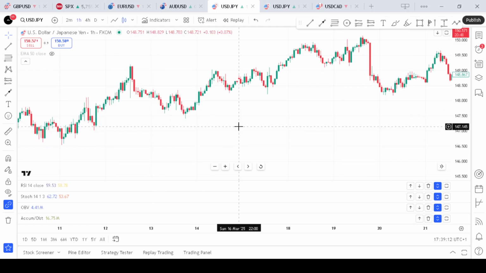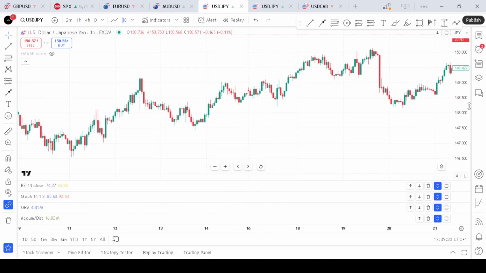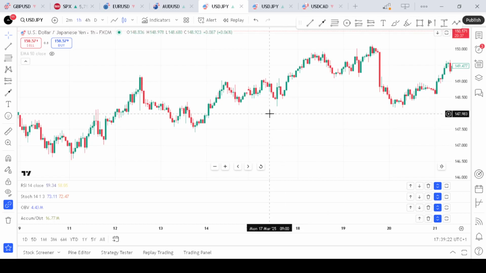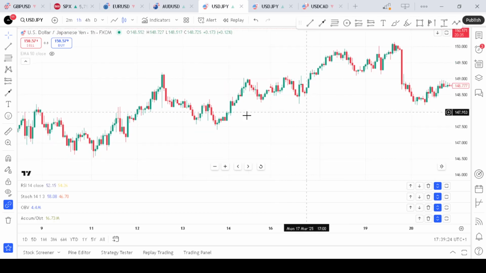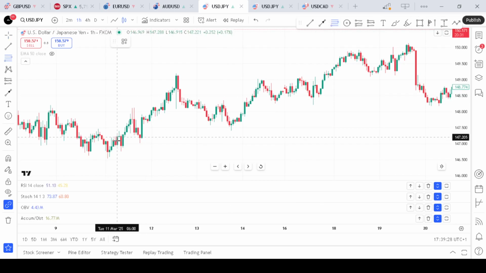Then the fourth tool we can use are trend predicting tools. There are some trend prediction tools that we make use of. They can act as leading indicators. An example can be our Fibonacci retracement.